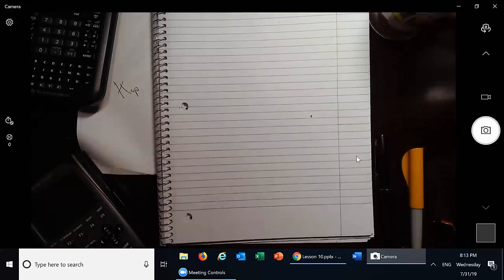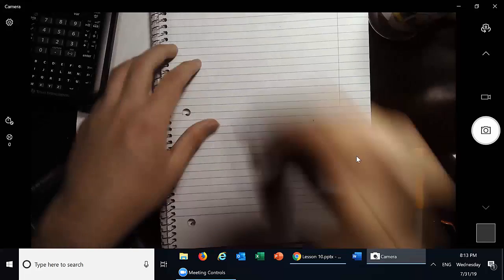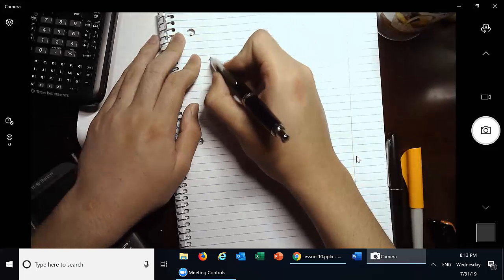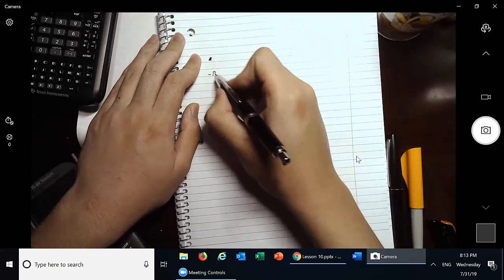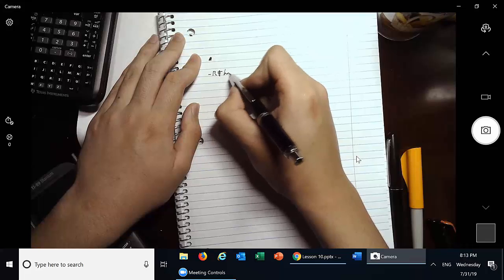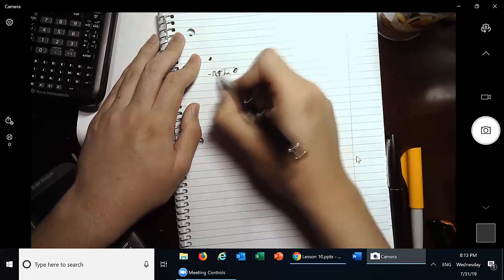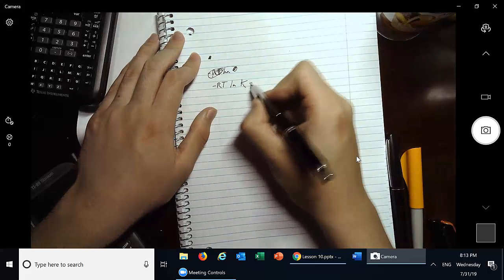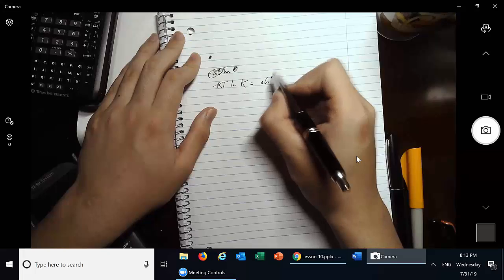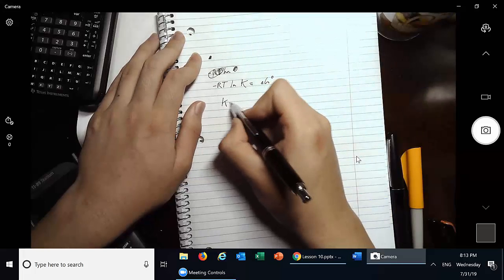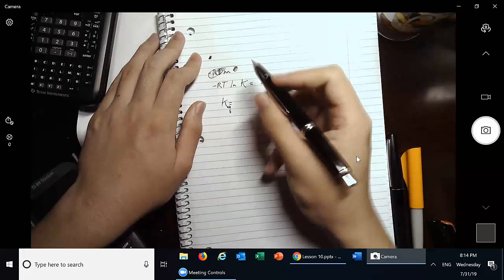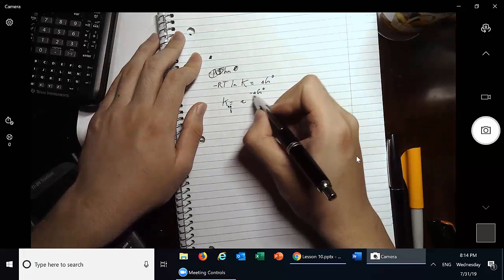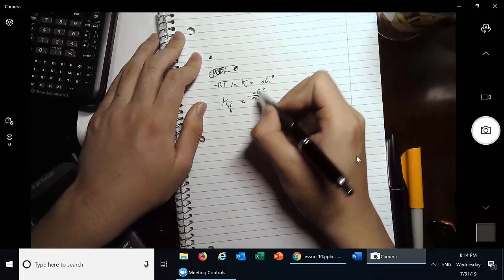Let me just do a derivation. So we have negative RT ln K equals delta G naught. Therefore, K equals e raised to the power of negative delta G naught over RT.